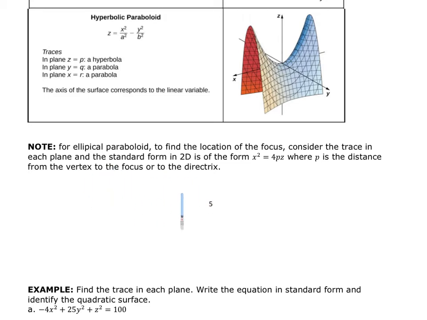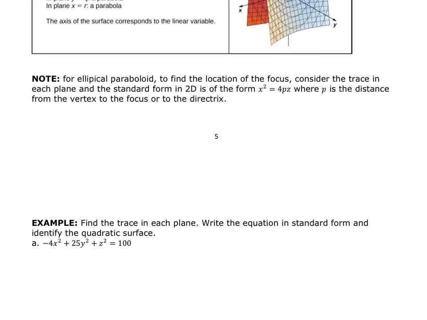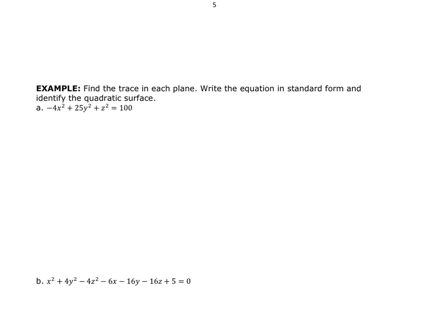So we want to think about the traces if we needed to find the location of the focus. So for this, they're asking us to find the trace in each plane, and then we want to write the equation in standard form and then identify the quadratic surface.